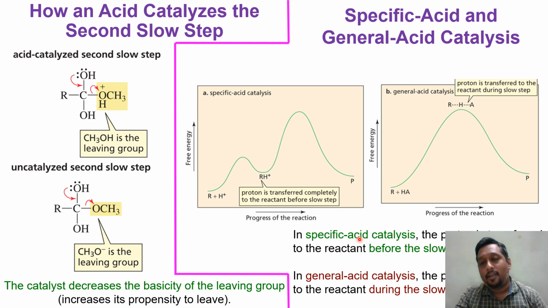In general acid catalysis, the proton is transferred to the reactant during the slow step. And as is evident from the potential energy diagrams, in specific acid catalysis, the proton is transferred before the slow step, and in the case of general acid catalysis, the proton is transferred during the slow step.